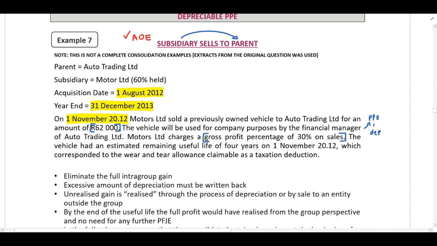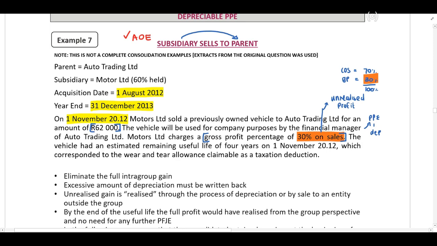Now, guys, why is this important to us? We need to calculate the unrealized profit that is still included in the asset's carrying amount. Therefore, our cost of sales will be 70%, our gross profit will be 30%, and our selling price will be 100%. They've indicated to us that the gross profit percentage is 30% on sales, therefore 30 on the 100.